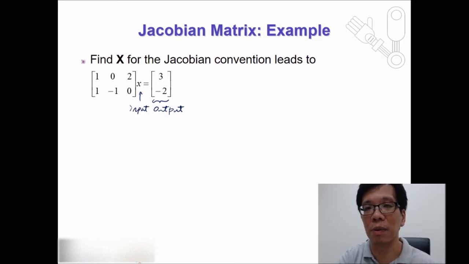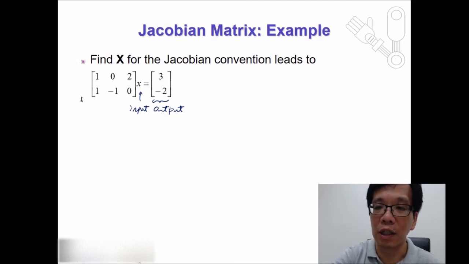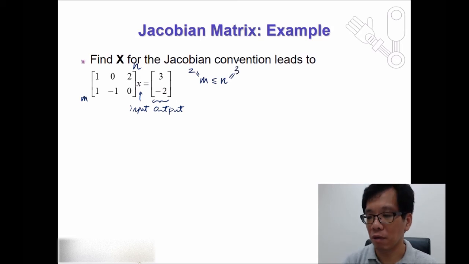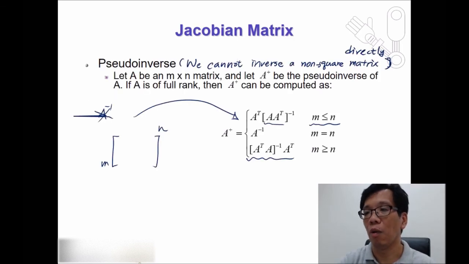This one is going to be my velocity or anything like that as our output. So clearly M is not equal to N. M is actually smaller than N because this is 2, this is 3. So if we go back to a previous slide, we are going to use this formula.